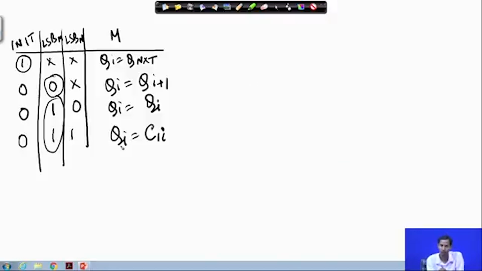So, now how can I implement the function? If I am having one 2:1 multiplexer, considering this, this is for LSB n, for 0 and for 1.